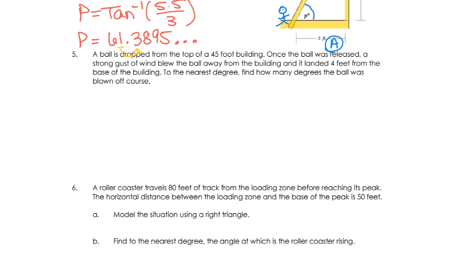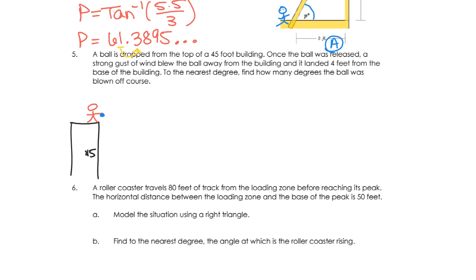It says a ball is dropped from the top of a 45-foot building. So we've got a building here, and someone's holding a ball up here, and it's going to drop. This is 45 feet tall.